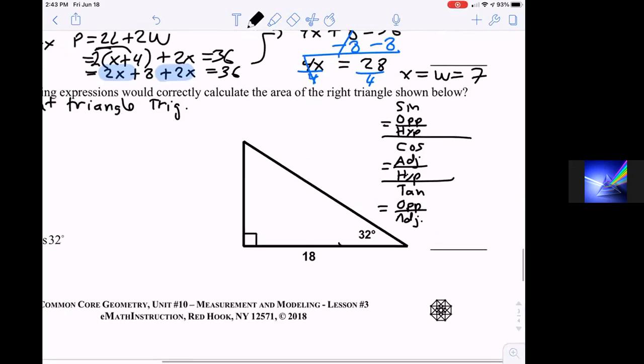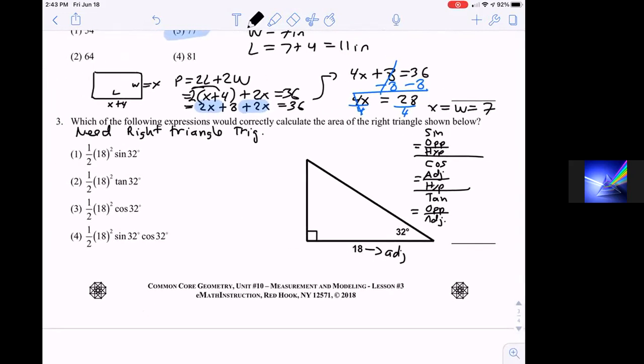Well, here's the angle. This is the adjacent side. And in order to calculate the area, area equals base times height over 2. Well, we've got the base. The base is 18. We need the height. The height would be the opposite side.